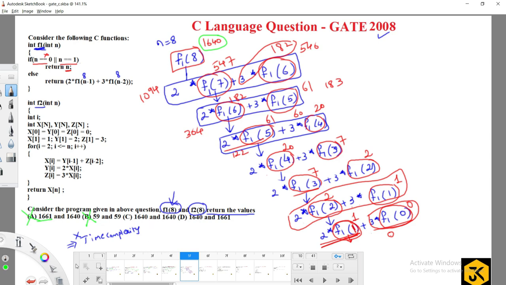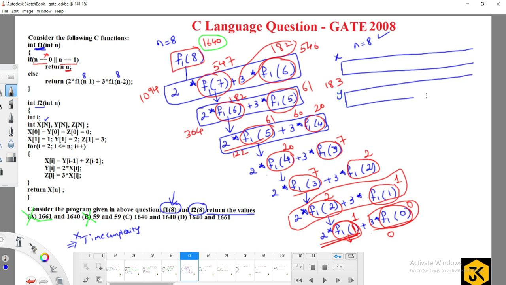Okay, now let us try with the f2 function, f2 of 8. The value of n is again 8 only, and they have taken here three arrays. One is the x array, another one is an array with the name y, and an array with the name z.